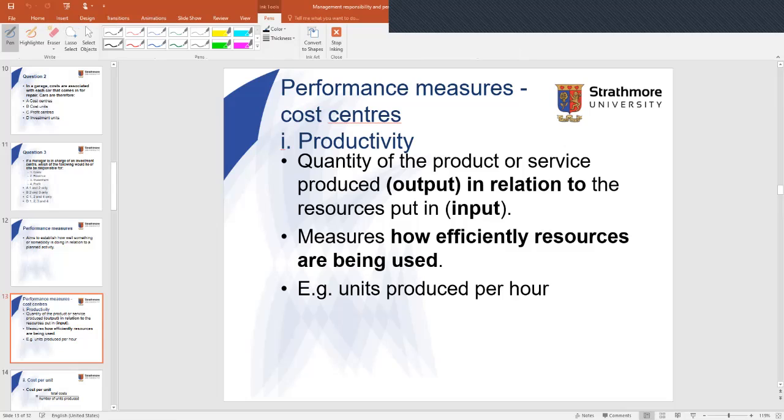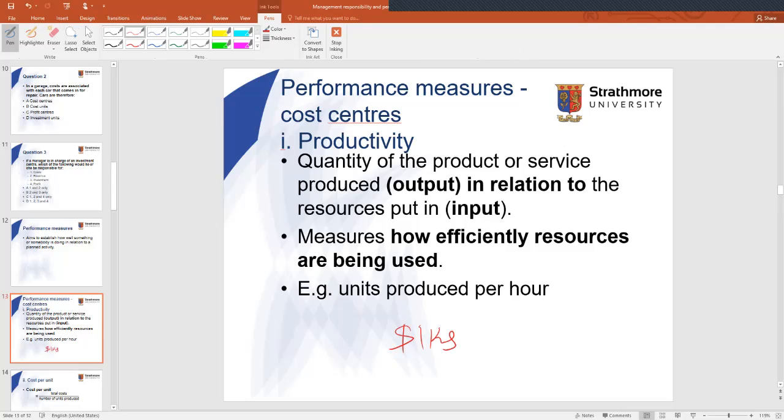Assume that for every 1 kg of material we used in the year 2019, it was converted into 2 units. This is 1 kg, not dollar.